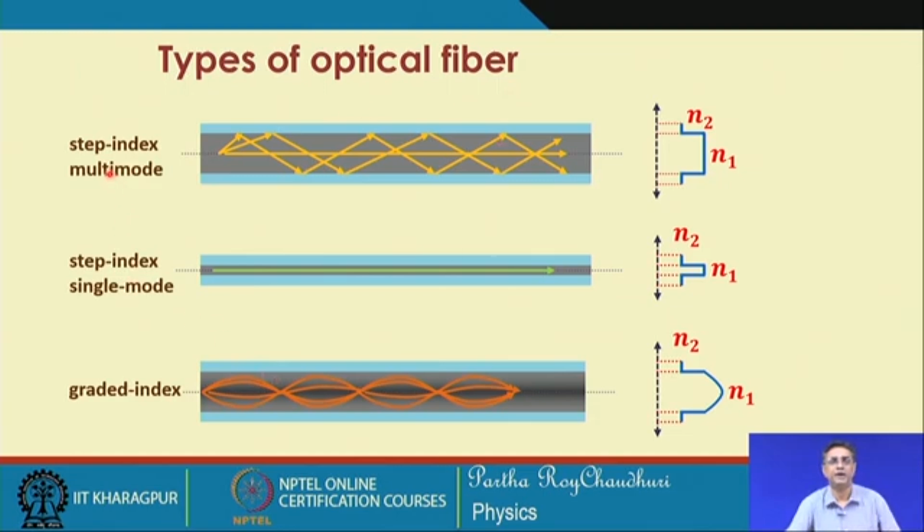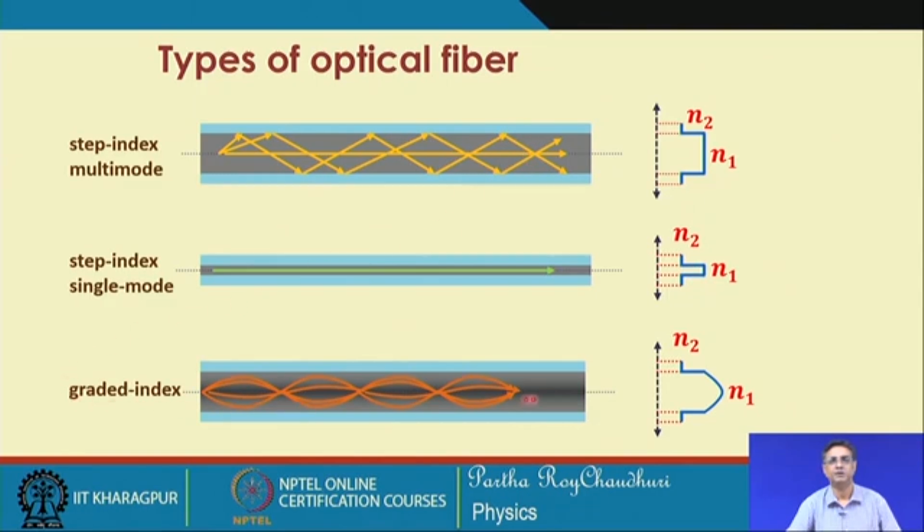The most common type is the step index fiber. This is one multi-mode fiber which has a slightly larger core area, and you have a step index single mode fiber. The rays are almost straight, which we will call a weakly guiding fiber, and the core width is much smaller, of the order of 9 to 10 micrometer in diameter, whereas the multimode could be 50 micrometer in diameter.